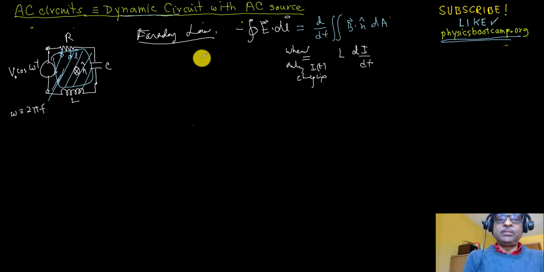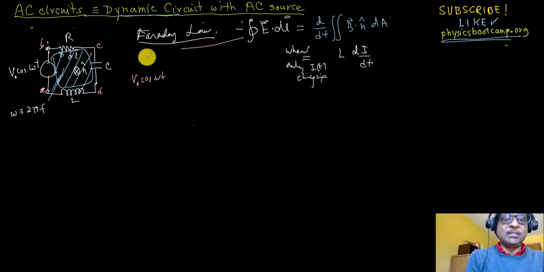So this equation becomes, if I go from here, A to B, C, D. So A to B, I get V0 cosine omega t for this guy.